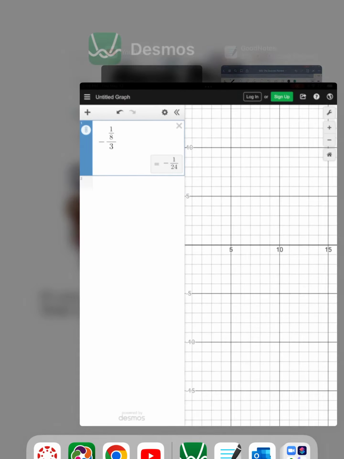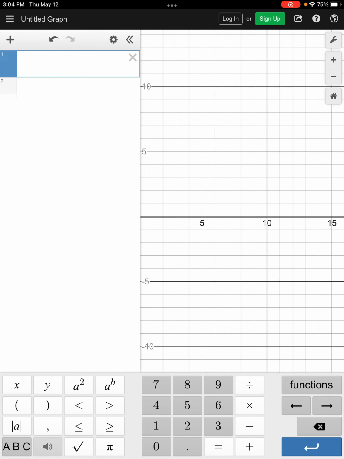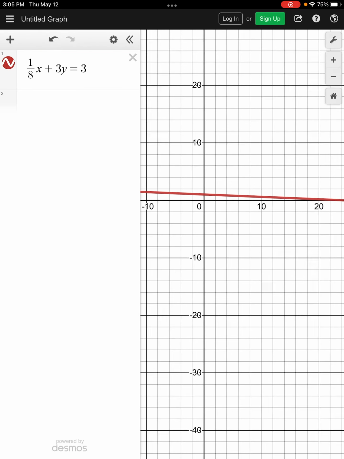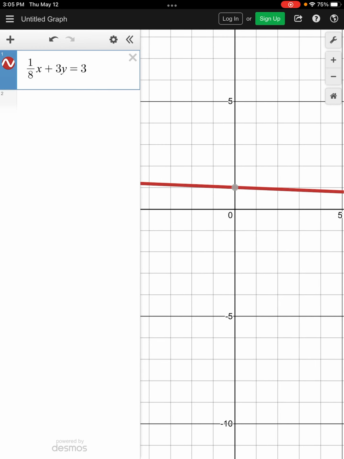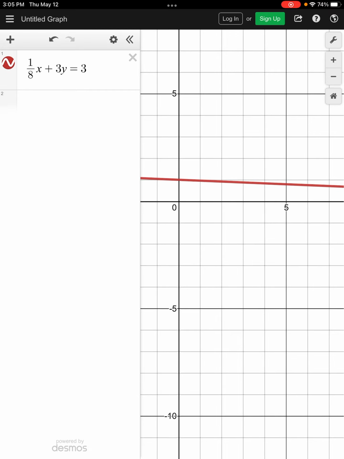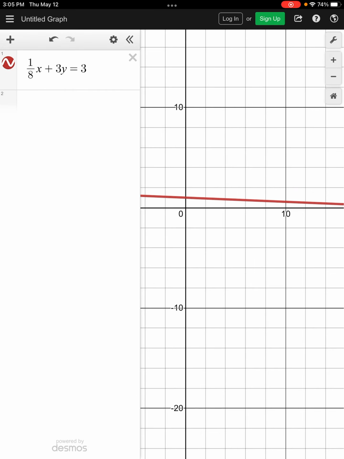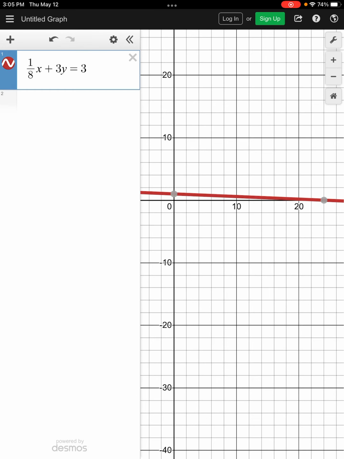Let's see if we can do this in the calculator. Let's see if this is easier. So I'm just going to put the equation in the calculator. 1/8 x plus 3y equals 3. All right, what is going on here? So I have a y-intercept of 1. That's not what we need. What I'm going to do is try to find another coordinate.